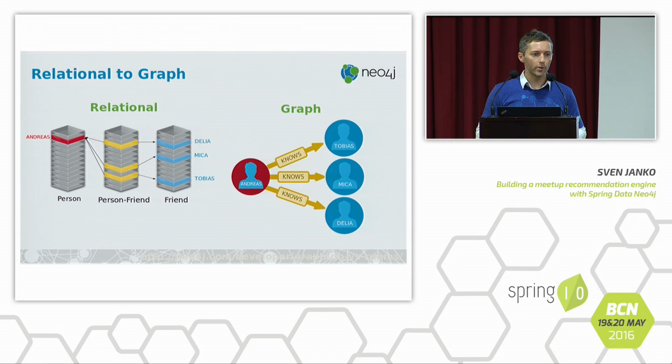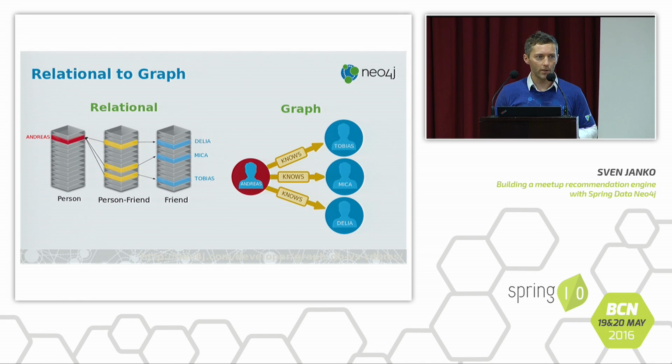What we typically have for connected data in a relational database is, in that example, for those 2 entities, person and friend, another table which connects those 2 entities. And we would have some foreign keys which we need to look up in order to know which persons are actually connected.